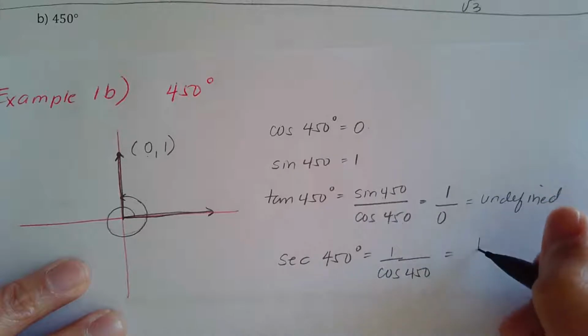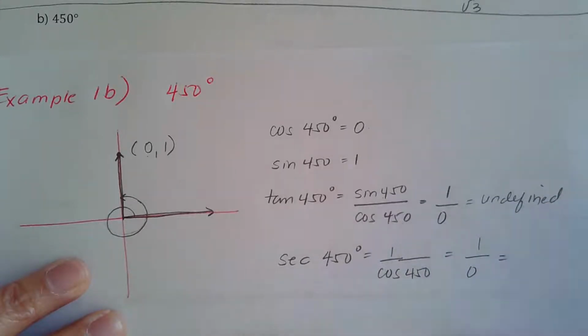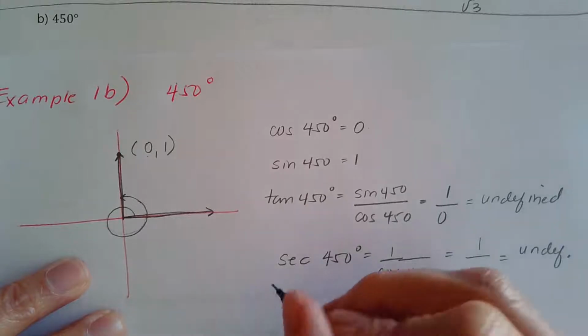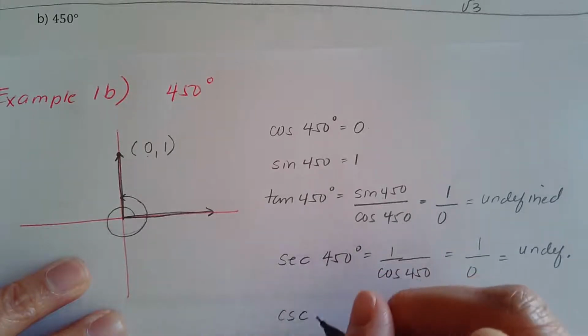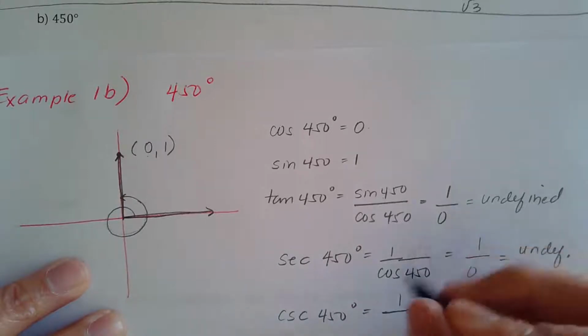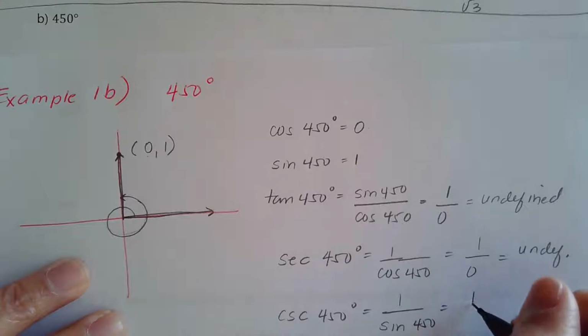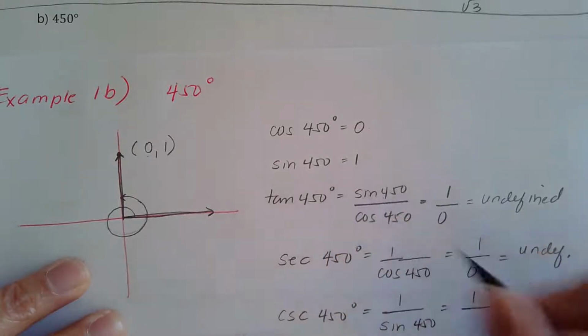The reciprocal of 1 over 0 is undefined. And then cosecant of 450 degrees is the reciprocal of sine, 1 over sine 450. Sine of 450 is 1, so it's going to be 1.